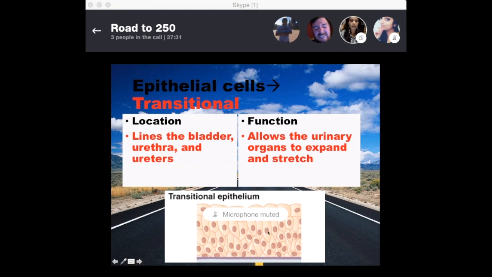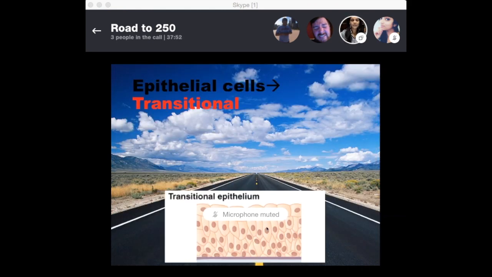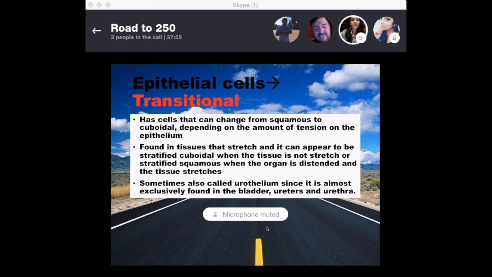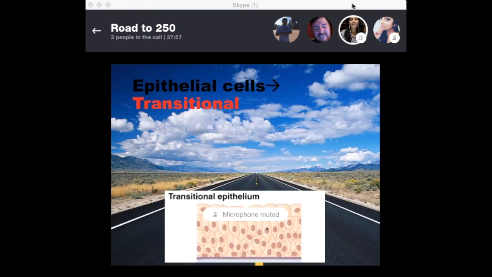Like we said, the nuclei are going to be at different heights. Transitional is going to be the cuboidal to squamous, sorry. So in the picture, we can see cuboidal, and then I guess these are squamous at the bottom.